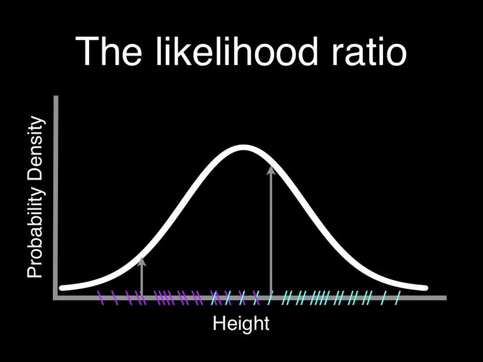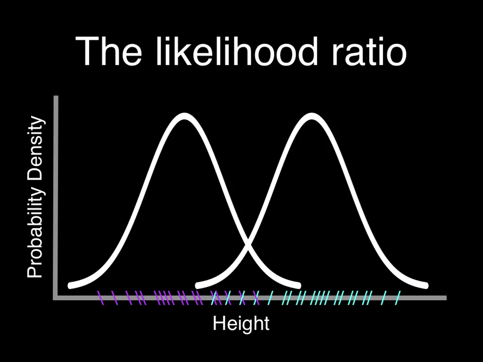So you can establish the likelihood of this model, where you've got this single curve, and then you can similarly establish a second model, where you say this data comes from two different curves. One curve has its mean over here, and has this amount of variability. This other curve has its mean over here, and we'll just say that it has the same amount of variability. For each point you'd establish the probability of each of these data points using this curve, and for each of the blue data points, you use this other curve here.